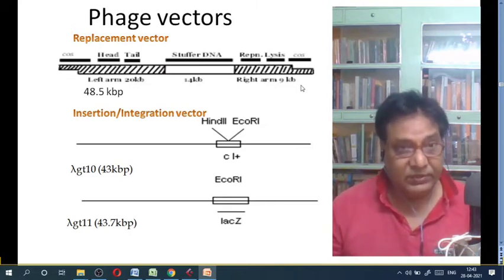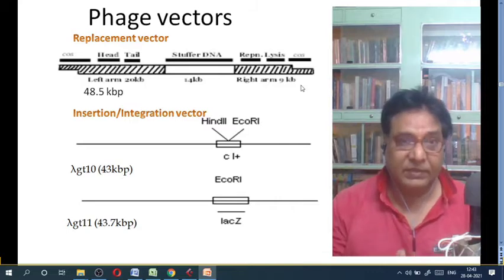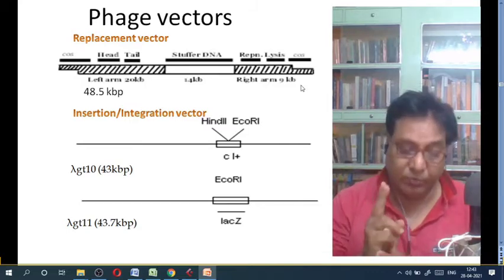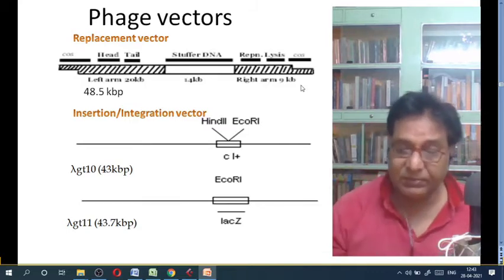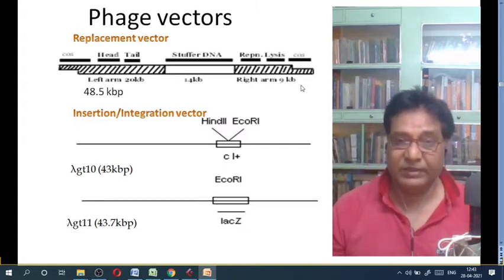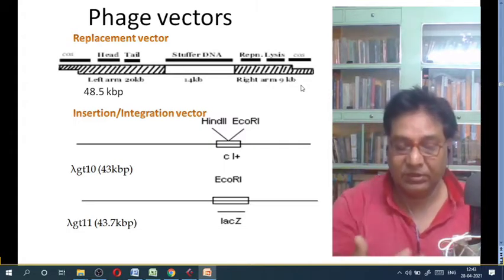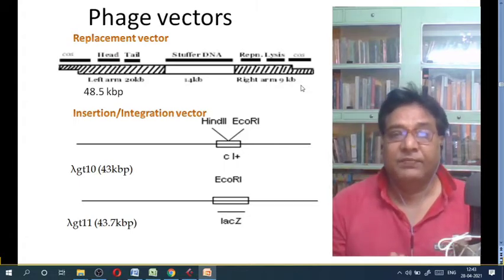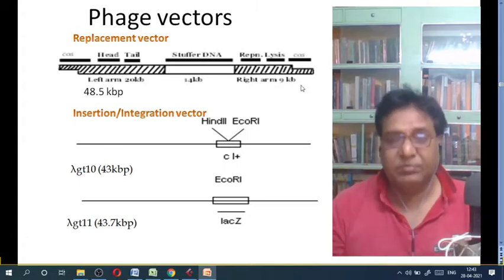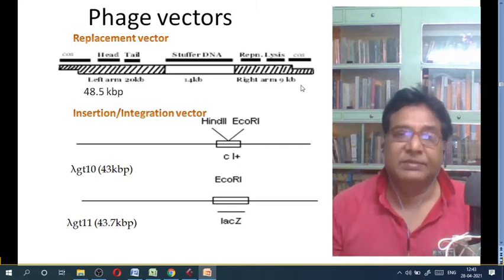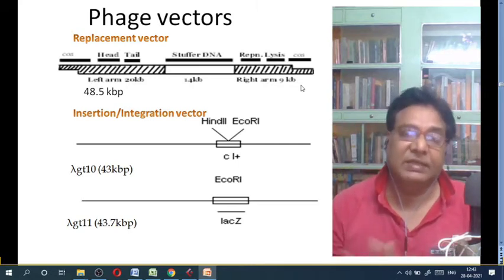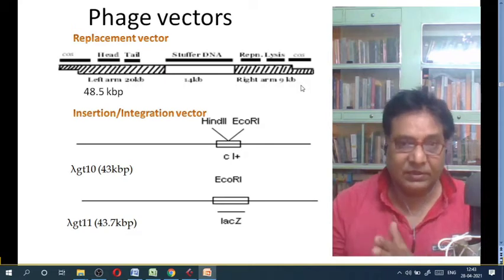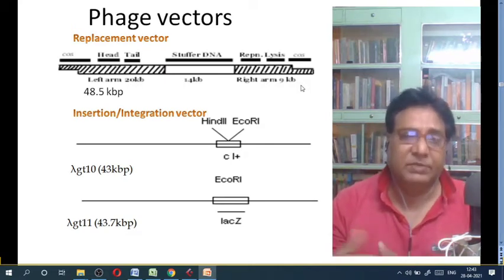The interesting features of these lambda phages are mainly two. One is that you can replace this middle portion, which gives you the facility to incorporate your gene of interest there. The other is that the phage genome will only be packaged if the cos to cos distance is about 40 to 50 kb.